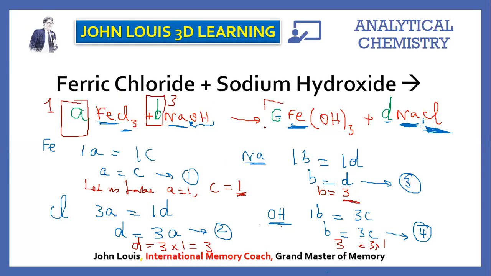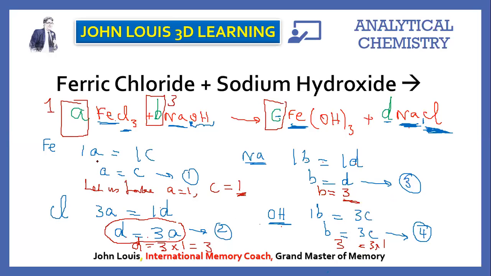Sir, how will B be 3, sir? B is equal to D, no? So it should be 1, no, sir? Oh, B is equal to 3, you have got it, no? B is equal to D. So how much have you got for D? D is equal to 3A, isn't it? Yes, sir. D is equal to 3. What do you assume A as? A you assume as 1, no?